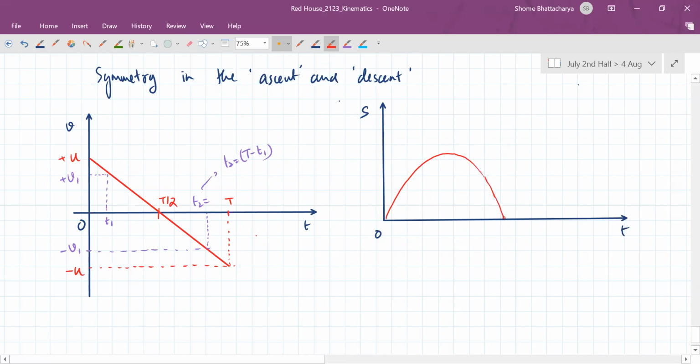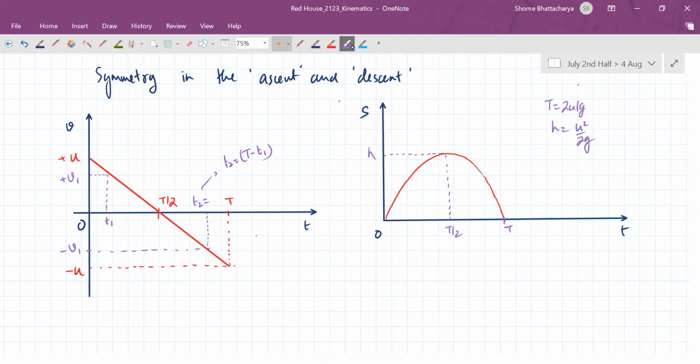Neither is it digging into the ground, nor are we assuming it's bouncing or anything like that. So for us, the motion abruptly stops at the instant when the displacement becomes zero. So that is the total time. Whereas we can see that it reaches the maximum height at the time of T by 2. So capital T is 2u by g, and this maximum height is therefore u square by 2g.